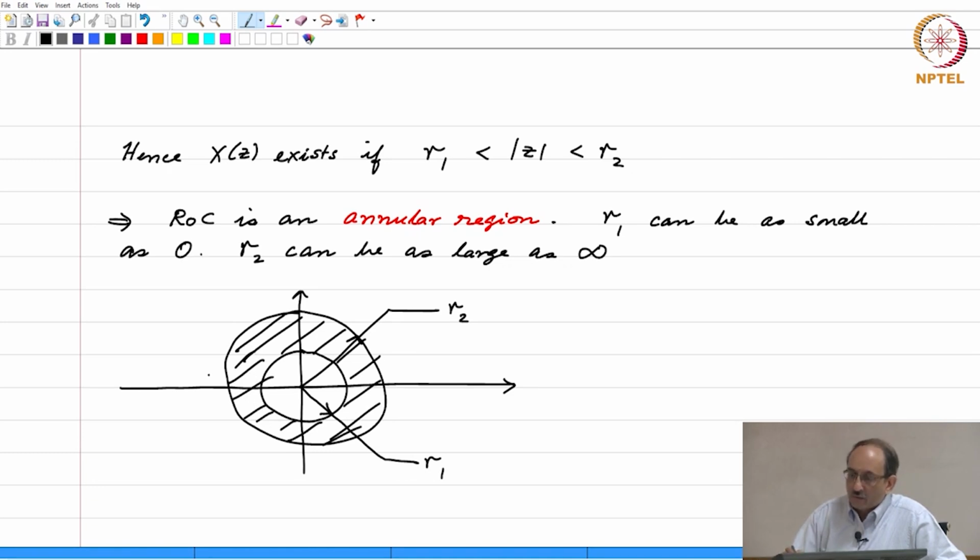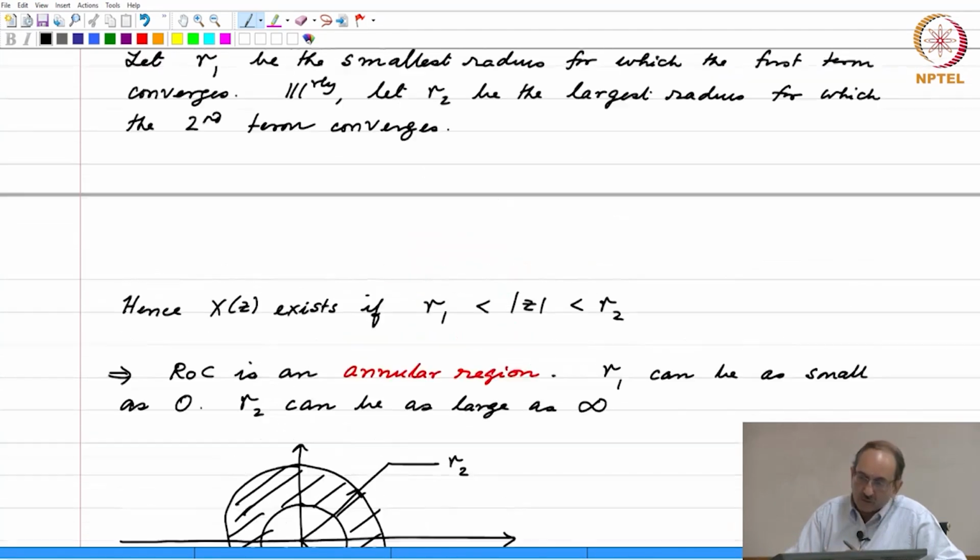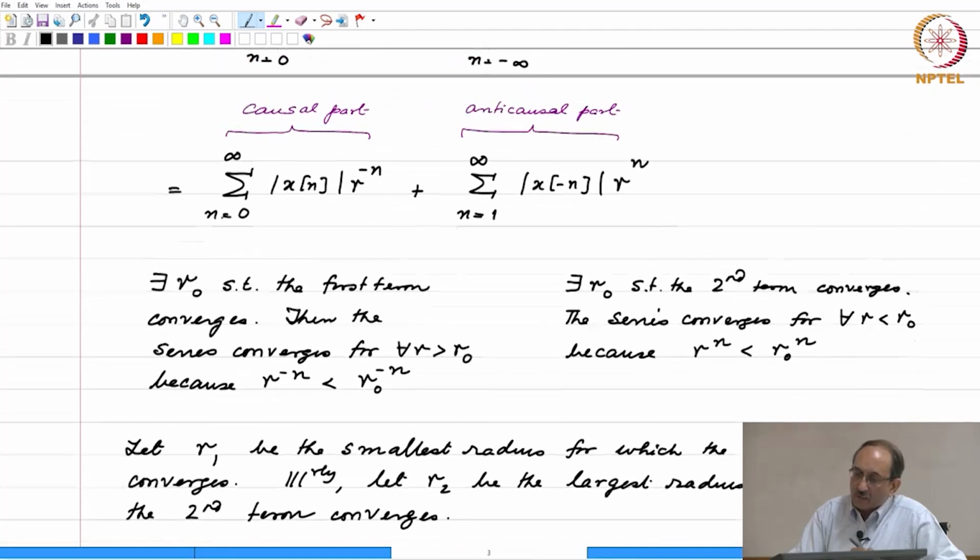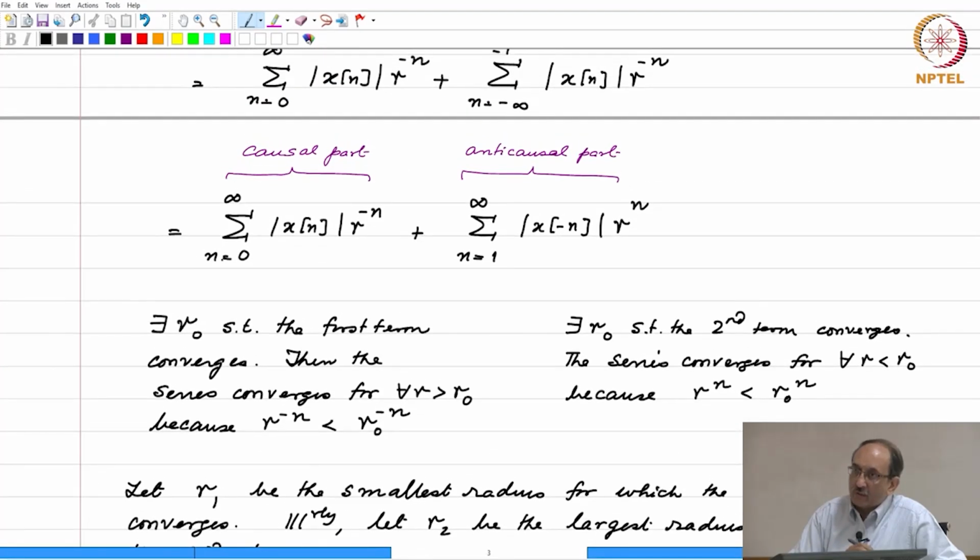And the reason why you have the region of convergence to be an annular region is because the convergence criterion that we have used is the absolute convergence criterion, and the absolute convergence criterion boils down to the parameter R. This is the reason why the region of convergence is an annular region.